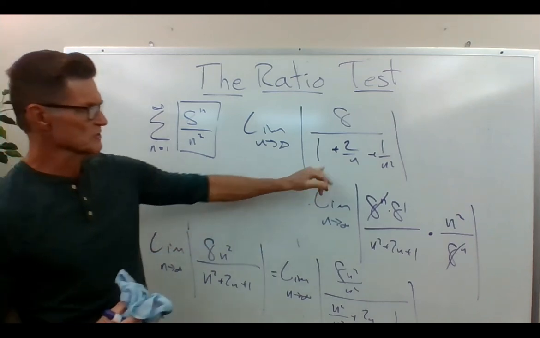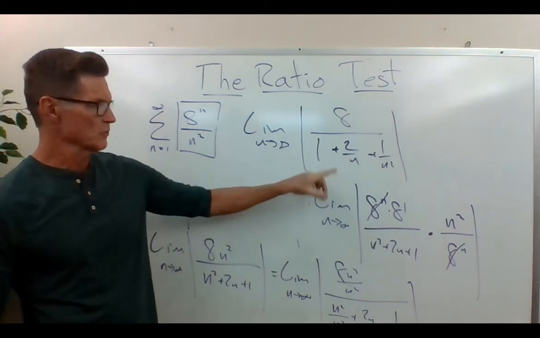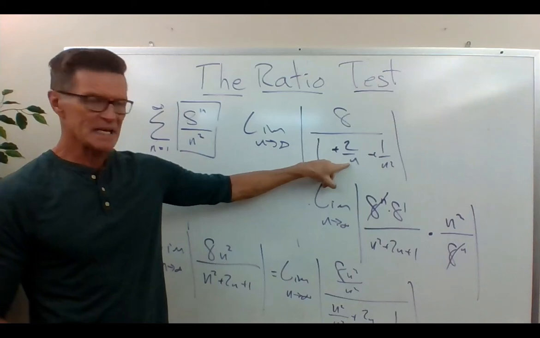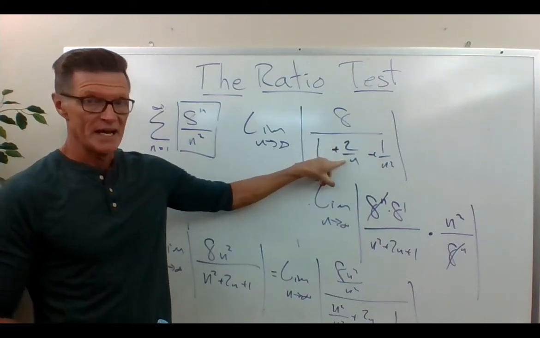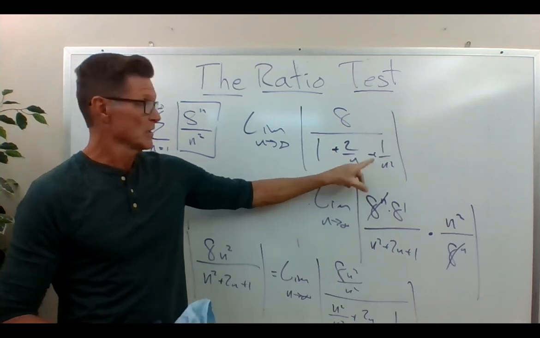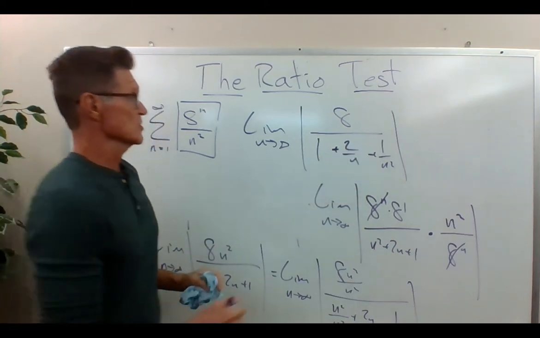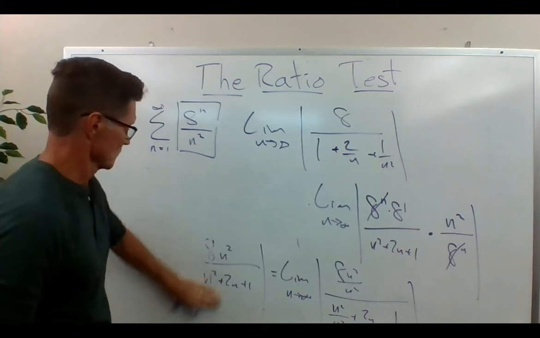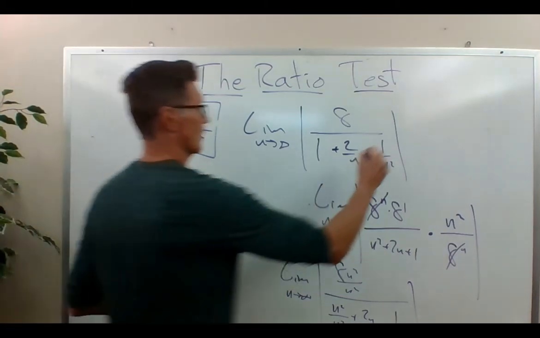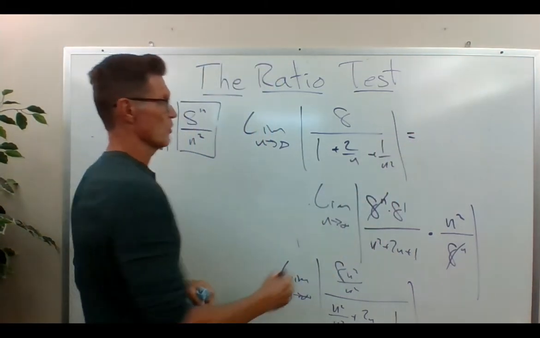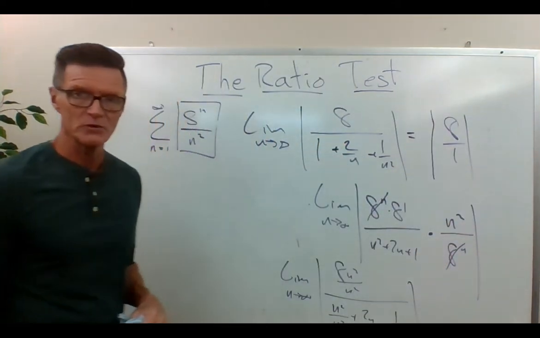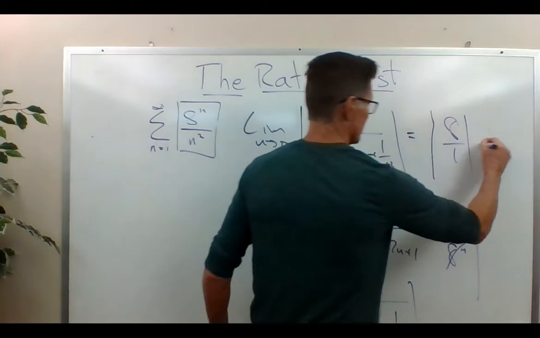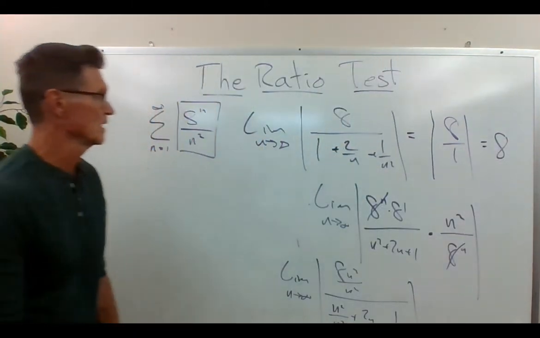So as n approaches infinity, like we've seen many times before, as n gets infinitely large, this term becomes 0. As n becomes infinitely large, this term becomes 0. So what we end up with then is the limit is 8 over 1, the absolute value of 8 over 1, which of course is 8.